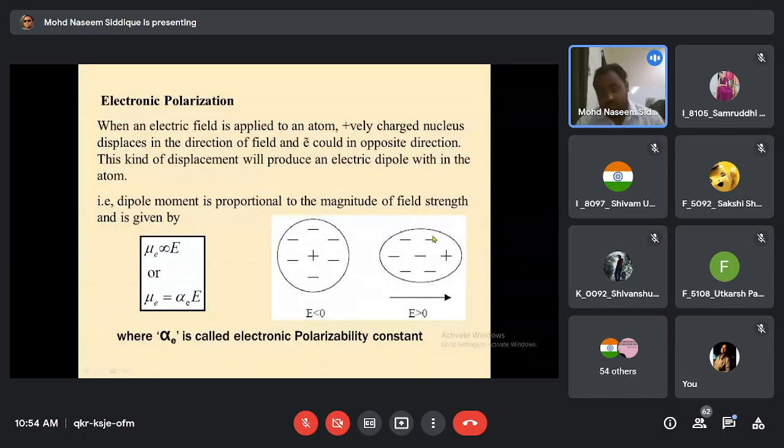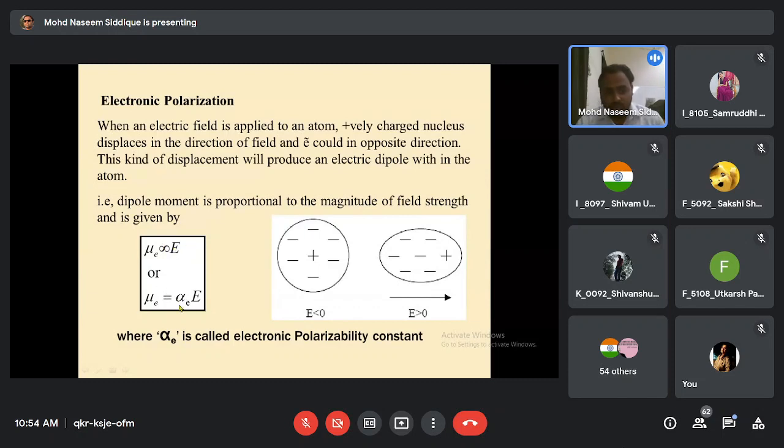So this is the polarization actually. What is polarization? Polarization is the electric dipole moment per unit volume. When we are talking about volume, then there must be polarization. The dipole moment is directly proportional to the magnitude of the field strength, as I told you in previous slides.